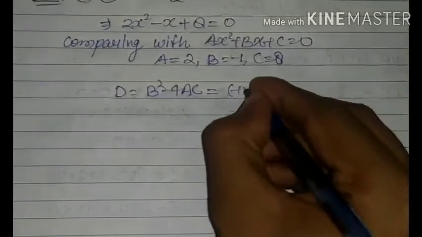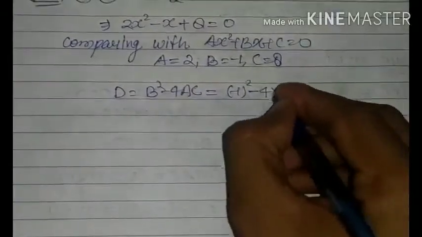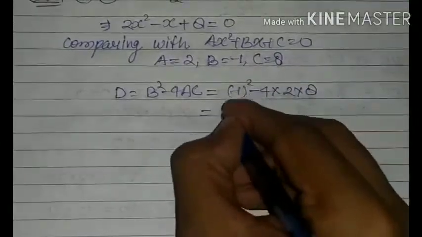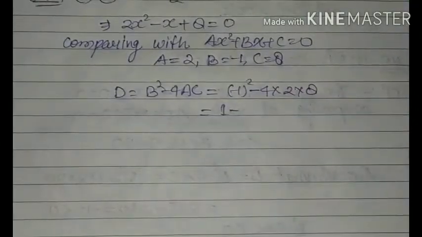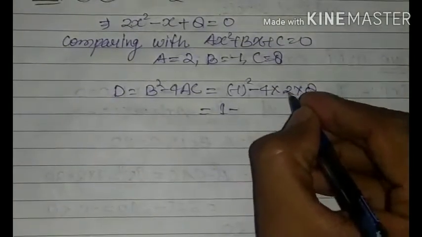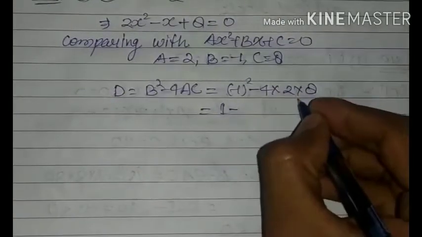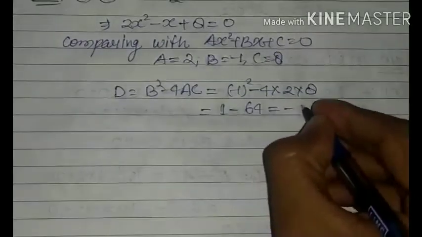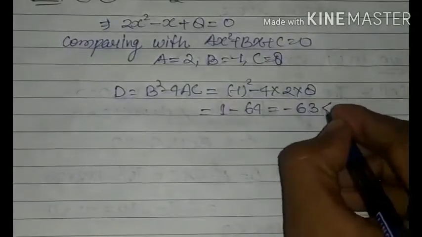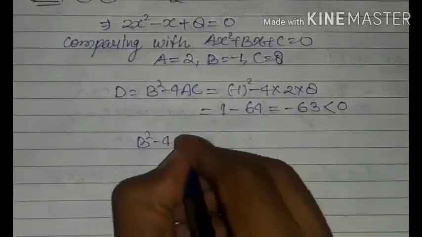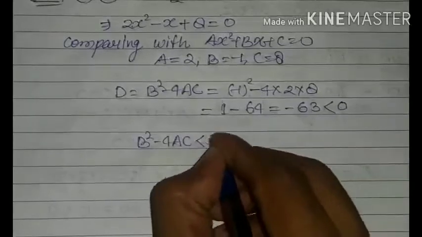Here it will be (-1)² - 4 times the value of a, which is 2, and the value of c, which is 8. Then it will be 1 minus 4 times 2 times 8, which is 64, and 1 minus 64 will be -63, which is obviously negative, meaning b² - 4ac is less than 0.